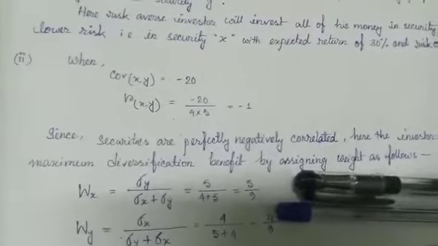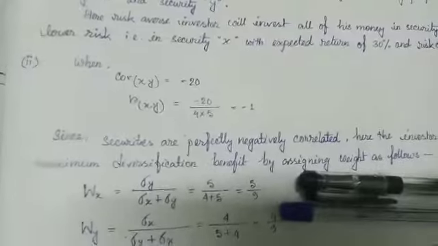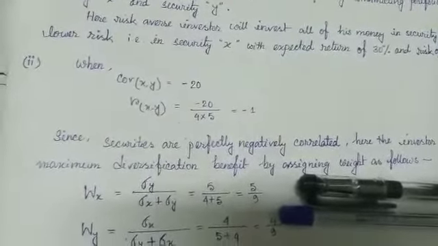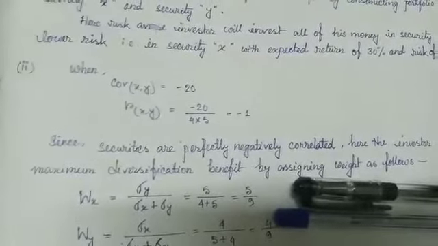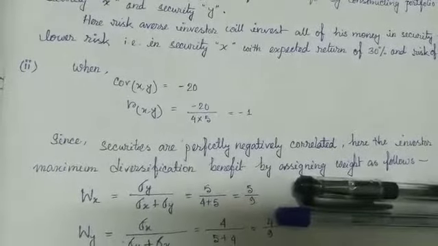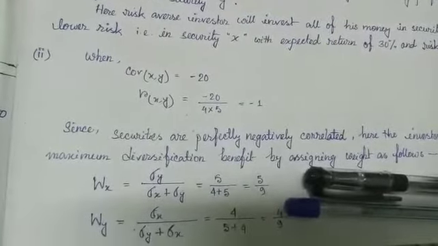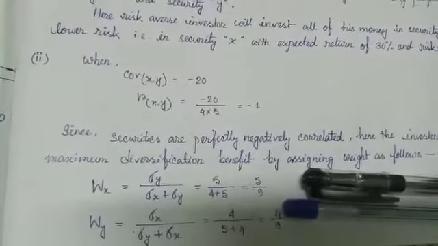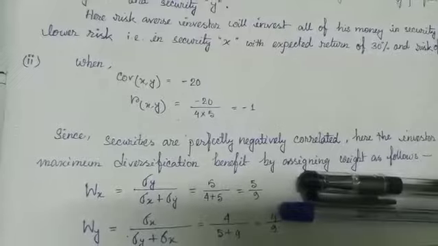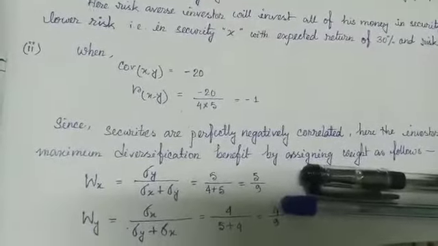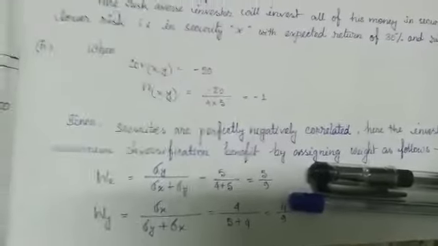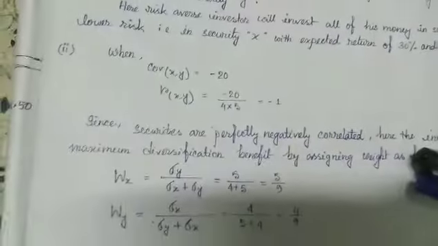On that ground we can say that when the two securities are perfectly negatively correlated, the weight to be taken for security X, that is Wx, is equal to sigma y divided by sigma x plus sigma y, and the weight of security Y will be sigma x divided by sigma x plus sigma y. The values of sigma x and sigma y are given in the question.